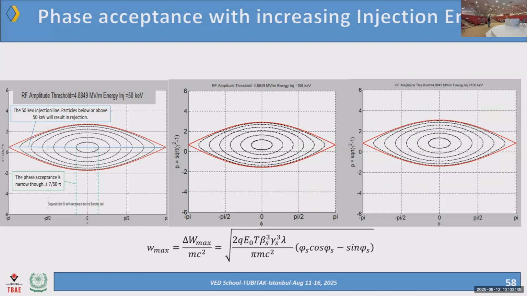This zero line marks the position of the synchronous particle, where the momentum goes negative. Momentum can go negative, by the way, depending upon the phase, because momentum is a vector quantity. It depends on the velocity. When the velocity goes negative, the particles are negative. This is the momentum, and this is the phase.